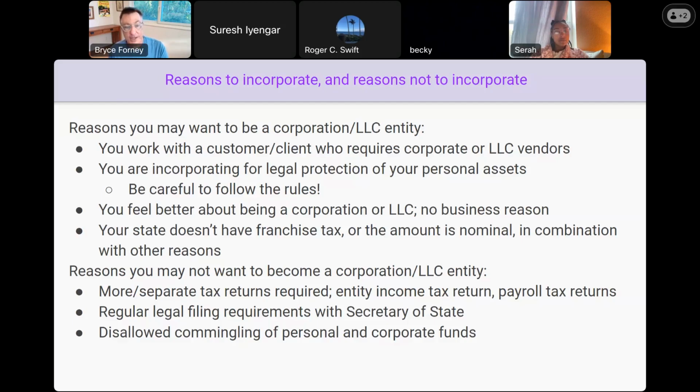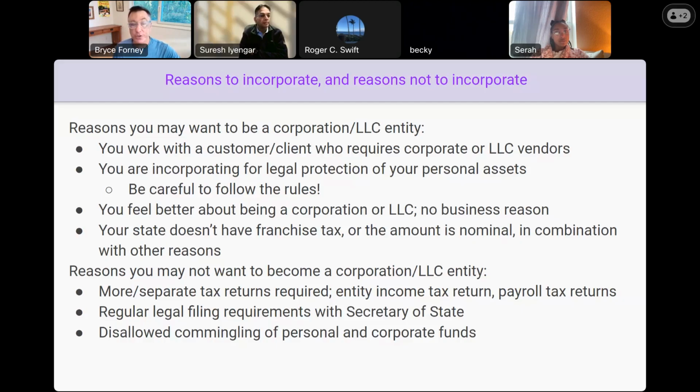So on the flip side, there are some reasons why you may not want to incorporate. And the primary one is that there are those additional tax returns required.